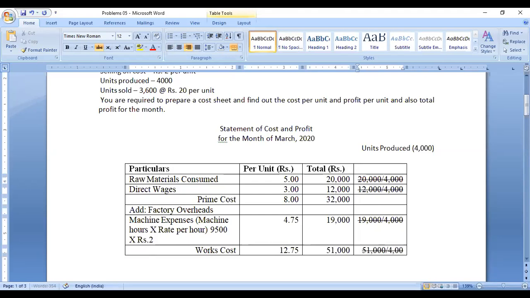You can verify: 51,000 divided by 4,000 is 12.75. Okay, now we can move on to the next one.